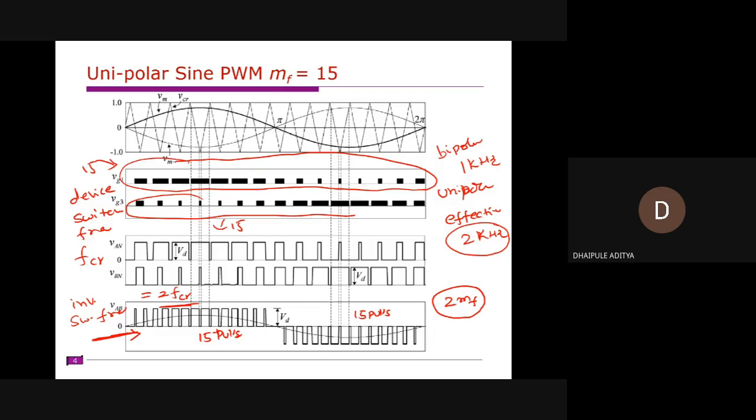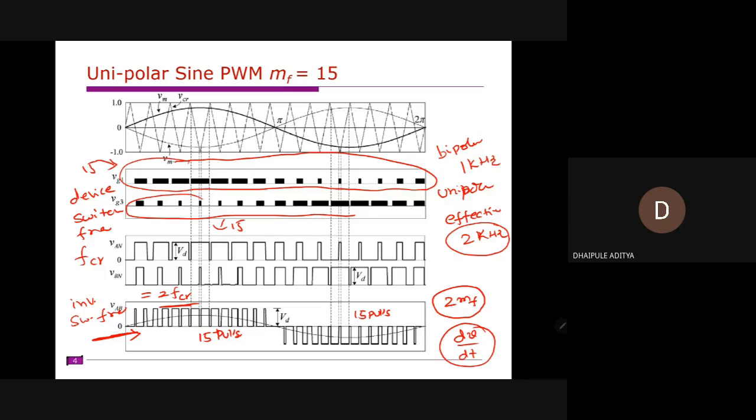When you compare unipolar and bipolar, the first thing is that the effective switching frequency of the inverter is doubled in case of unipolar. Another is dV by dt, the voltage stress across devices.